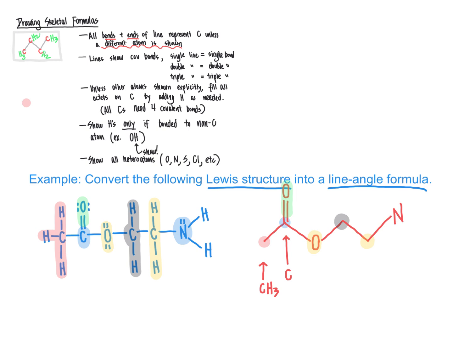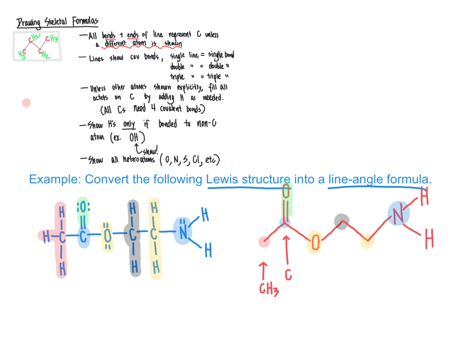Coming to here, I'll highlight that nitrogen in blue to keep it color-coded to match everything else. And that nitrogen is directly bonded to 2 hydrogen atoms, and we do need to show those 2 hydrogen atoms explicitly. So I'm putting an H and H there because remember that hydrogen atoms that are bonded to non-carbons are shown. We do show those hydrogens, so we plug in those hydrogens there.